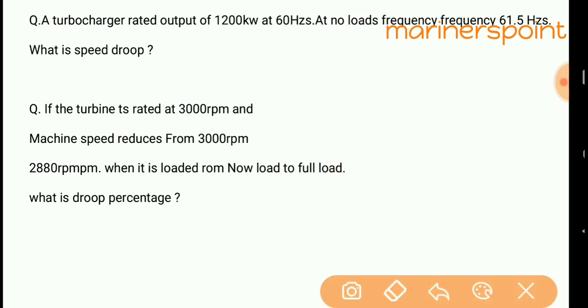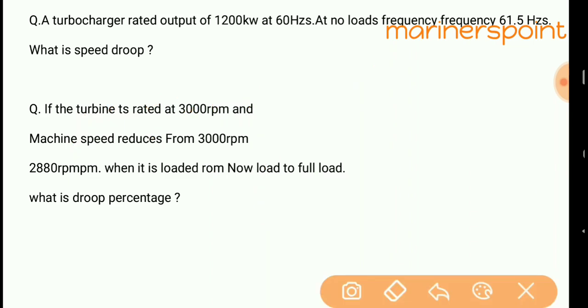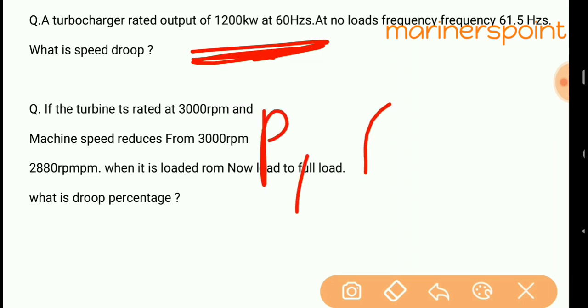Then we have three formulas. N is equal to 120 F by P. Sometimes a question is asked, and it is very important: rated is given, and some other parameters are given, like poles and frequency at some load.